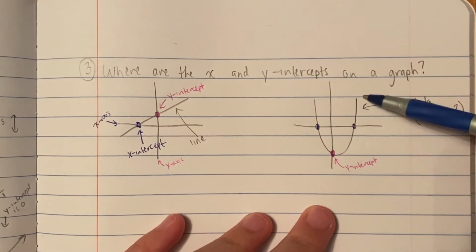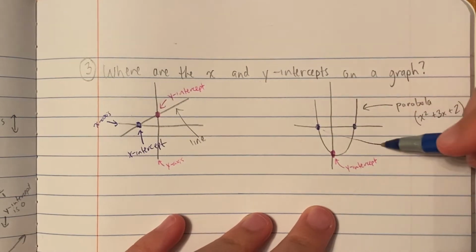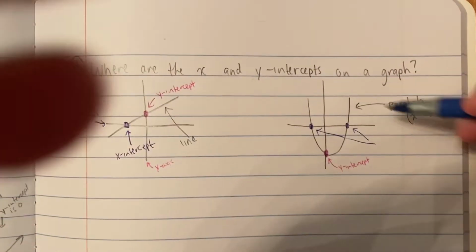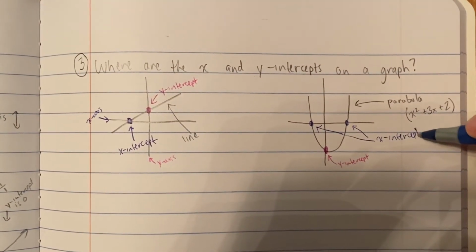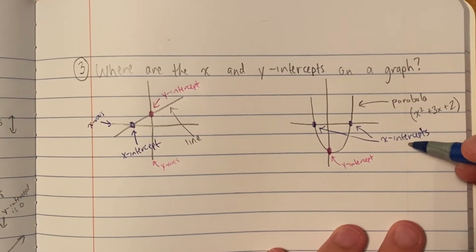Here's the parabola, and here's the x-axis, and it actually intersects twice. So there's actually two x-intercepts. These are both x-intercepts.